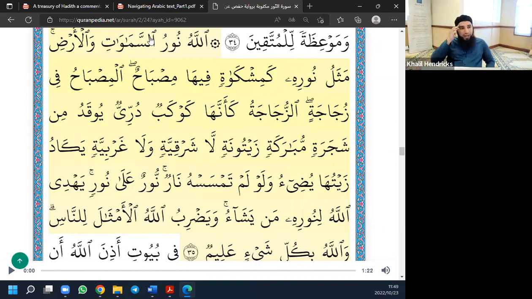Now, what do we understand the wajhu shabah as? Is there such a salient feature of nur such that we know what the likeness is in? So the ulama say, look, there is something that indicates a salient aspect of light, and that is that it guides.